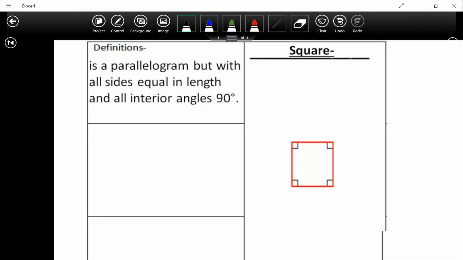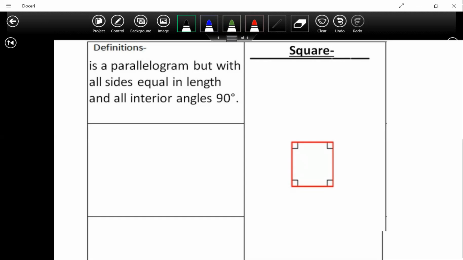So it has to have 90-degree angles, and it has to have all sides equal. If it meets those two criteria, it's a square. And it follows that it has all the criteria met by the previous definitions, parallelograms and rhombuses. All right, did you copy this down?